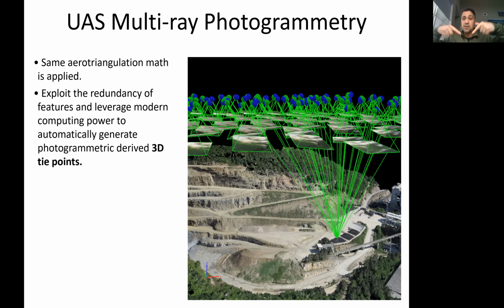That triangulation creates one singular point, and in reality, what we're looking at with this whole scene is millions and millions and millions of these points that we're deriving.